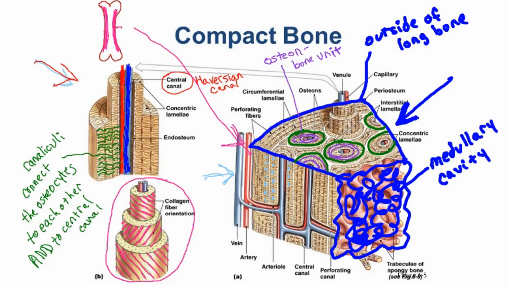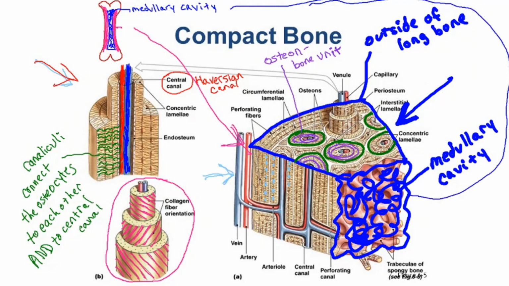Inside of the compact bone in that long bone, there is a cavity that has stuff in it, usually yellow bone marrow. And this is the medullary cavity. And the medullary cavity is what is being shown over here.